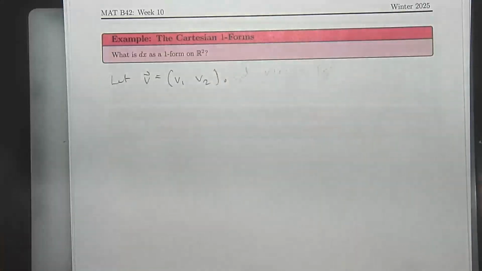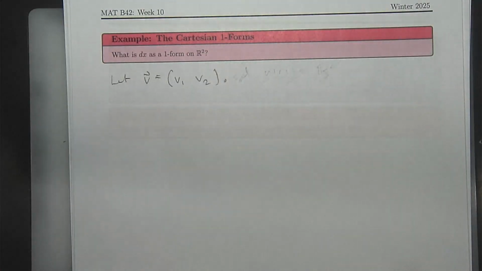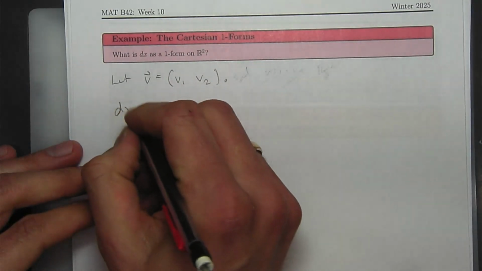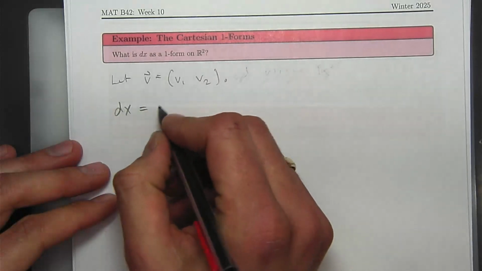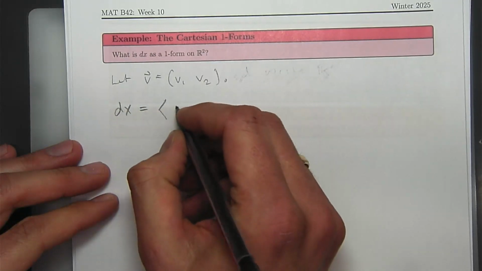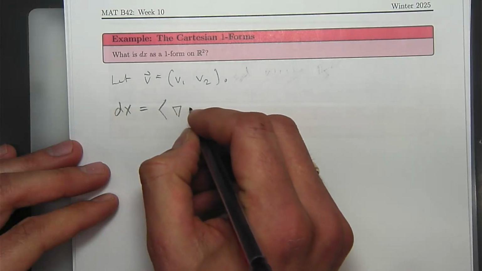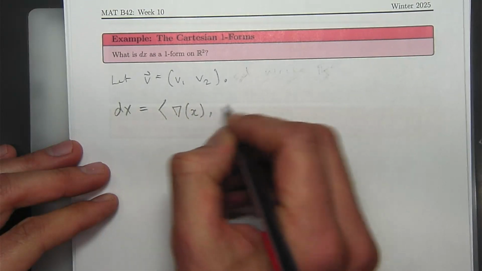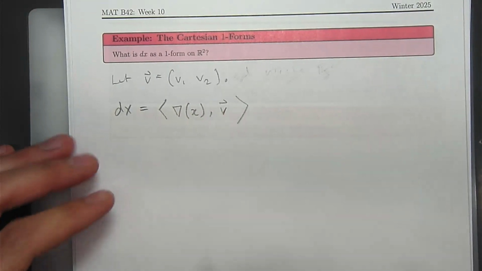Okay, so let's give a little bit of notation to our vectors. This is the inner product of the gradient of x with v.